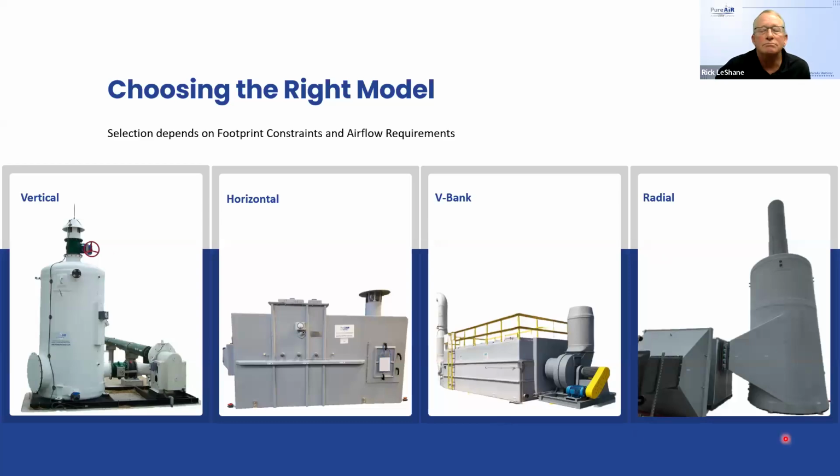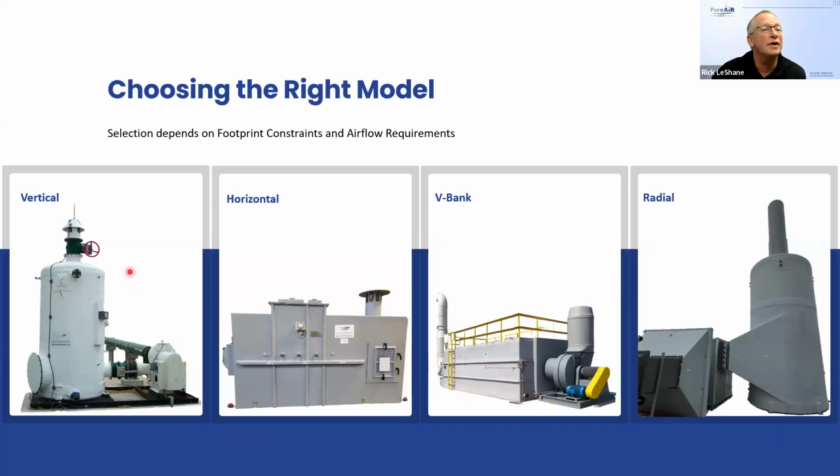For example, say I'm sizing a system and I have a high flow application. Multiple VBS systems would work to handle the larger flows, but the VBS systems will take up a lot of space.